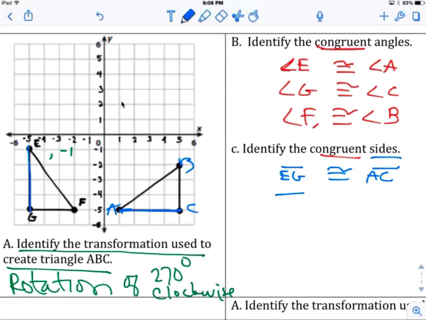Side GF right here is congruent to CB. And this here and this here, side EF is congruent to AB.